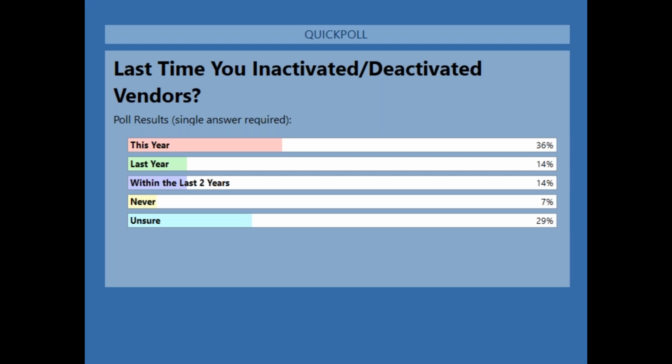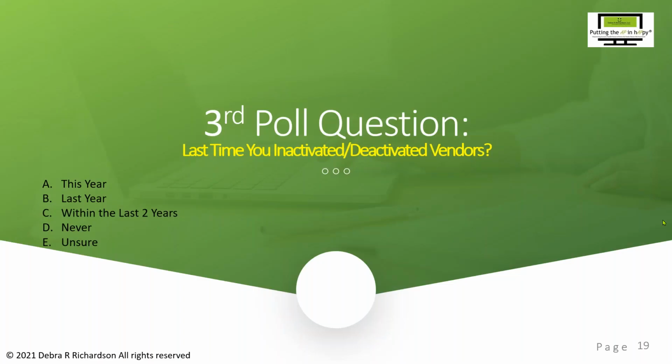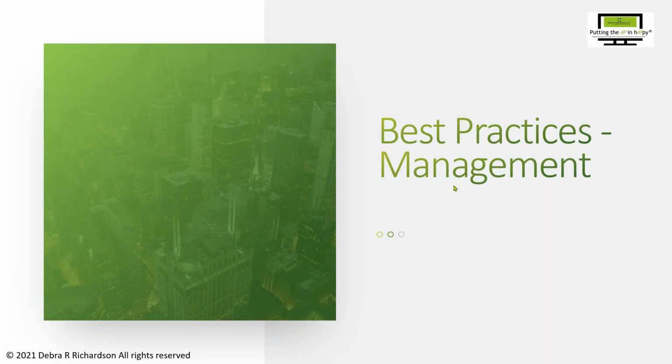And then a very small percentage, but still a little concerning, is never. And that was 7%. So 7% have never cleaned their vendor master or inactivated or deactivated their vendors. So we'll talk about that. I'm going to go ahead and hide the poll. And then let's get back to the top 10 best practices.